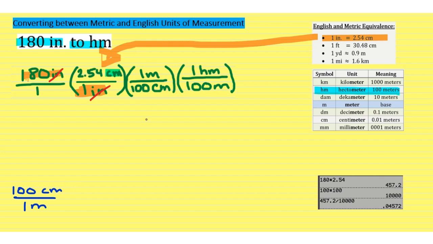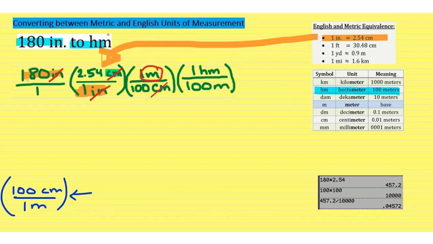But I'm going to put the centimeters in the denominator. I could use the conversion factor like this if I wanted to cancel out meters, but I don't. I want to cancel out centimeters. So I'm going to put the centimeters in the bottom, the denominator, so that we can now cancel out centimeters and centimeters. Okay, so now I have meters.